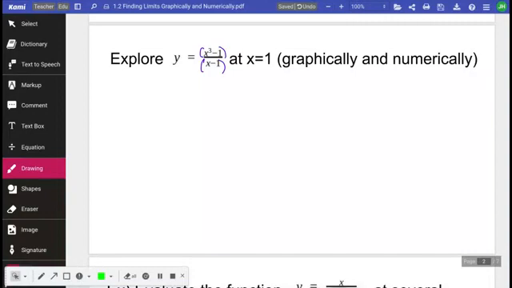It does not exist at 1. There's nothing here. If I'm tracing along this line, at actually x equals 1, it's entirely undefined.